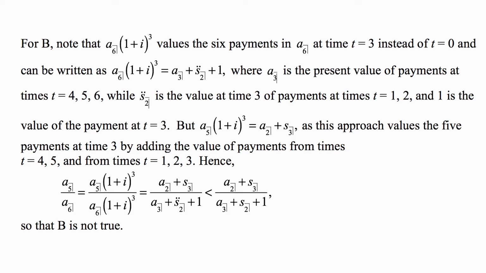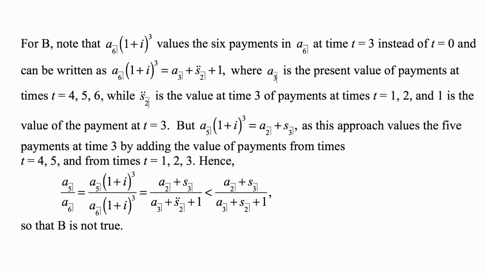But a angle 5 times (1 plus i) cubed equals a angle 2 plus s angle 3, as this approach values the 5 payments at time 3 by adding the value of payments from times t equal to 4, 5 and from times t equal to 1, 2, 3.